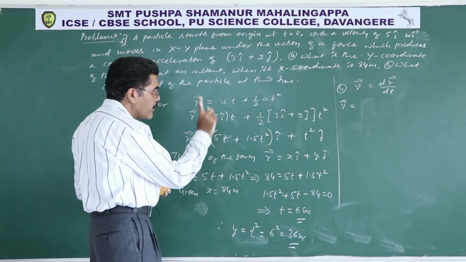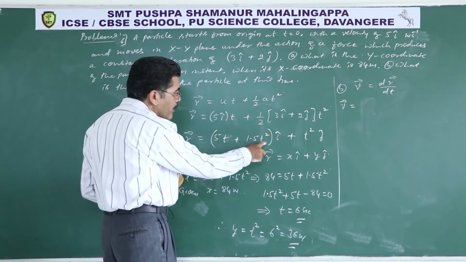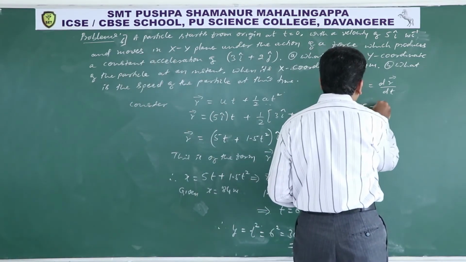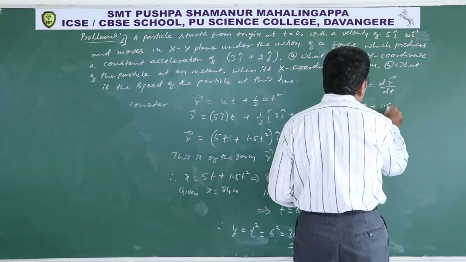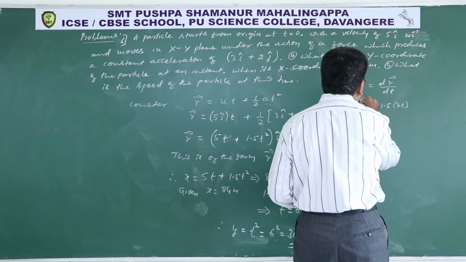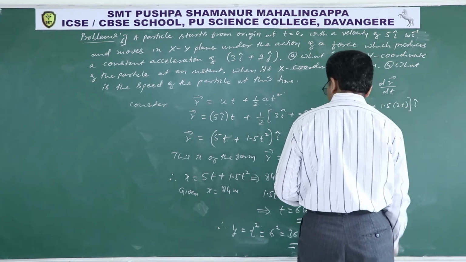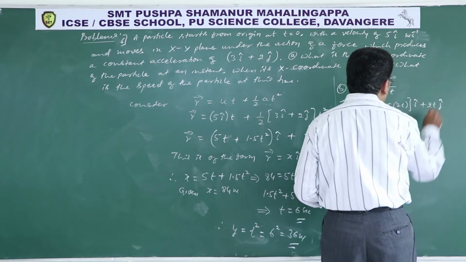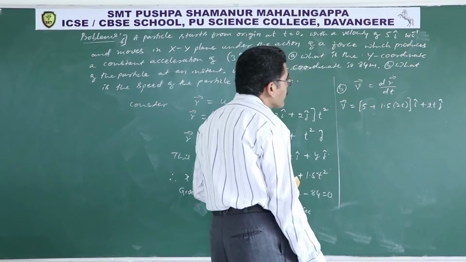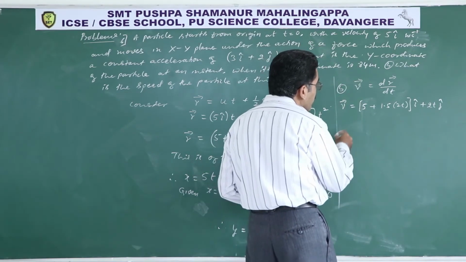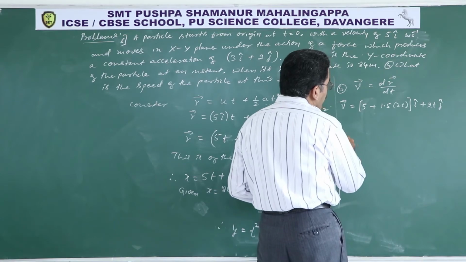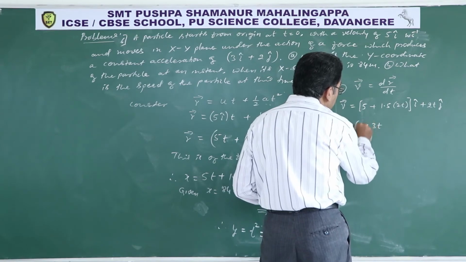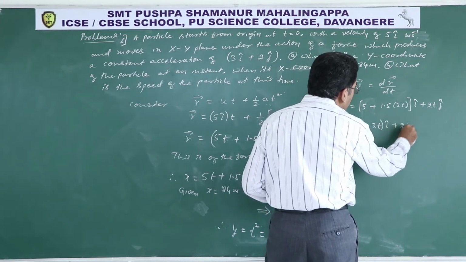When you differentiate t, you get 1, and when you differentiate t square, you get 2t. So 5 plus 1.5 into 2t into i cap plus 2t into j cap. You please rearrange this: v is equal to 5 plus 3t into i cap plus 2t into j cap.